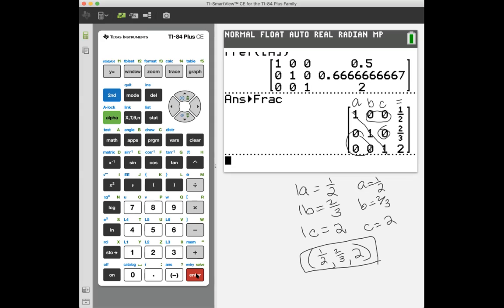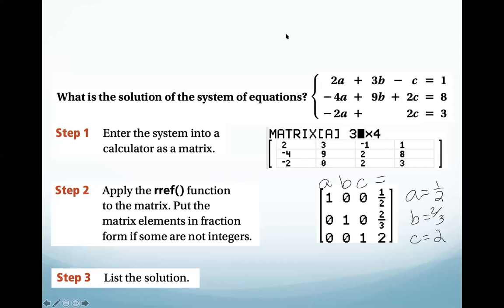Okay, so let's look back at that question. 1/2, 2/3, and 2. Actually, let me go ahead and copy this over onto our slide. Okay, so we said that our solution was 1/2, comma, 2/3, comma, 2.